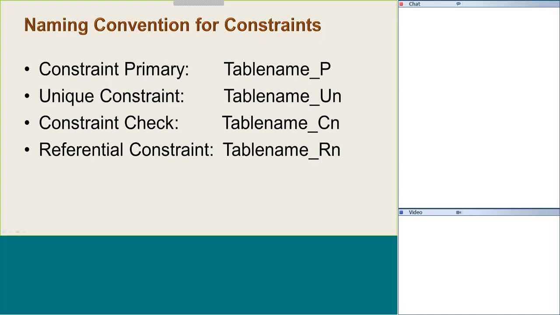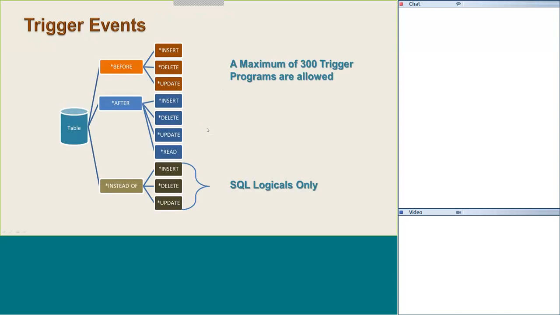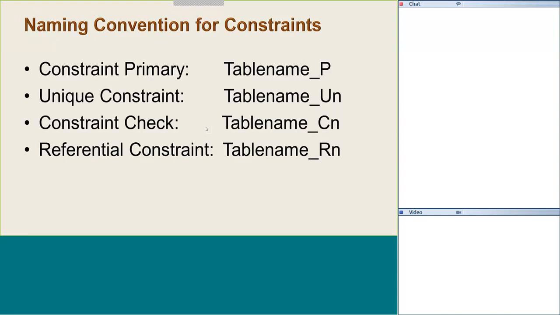A primary constraint is table name with a P, a unique constraint table name underbar U with an N, 0 to 9, check constraint C, 0 to 9, and a referential constraint table name underbar R to 9. These are names that are given to you by AO as defaults.